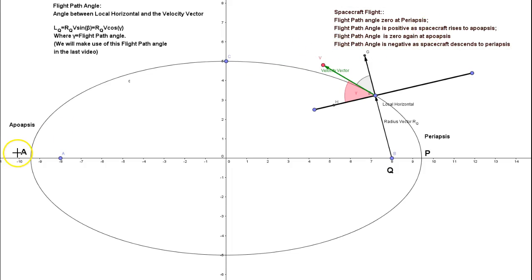Once the spacecraft gets to apoapsis, the velocity becomes VA and is perpendicular to the radius vector RA. As the spacecraft descends to periapsis, the flight path angle is negative. And once the spacecraft gets to P, periapsis, the angle between the velocity vector and the local horizontal is 0. So let's look at that and see what it does.